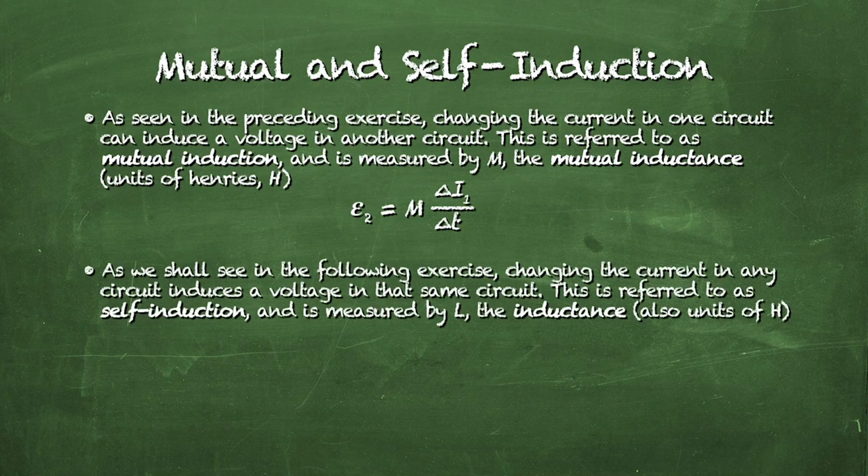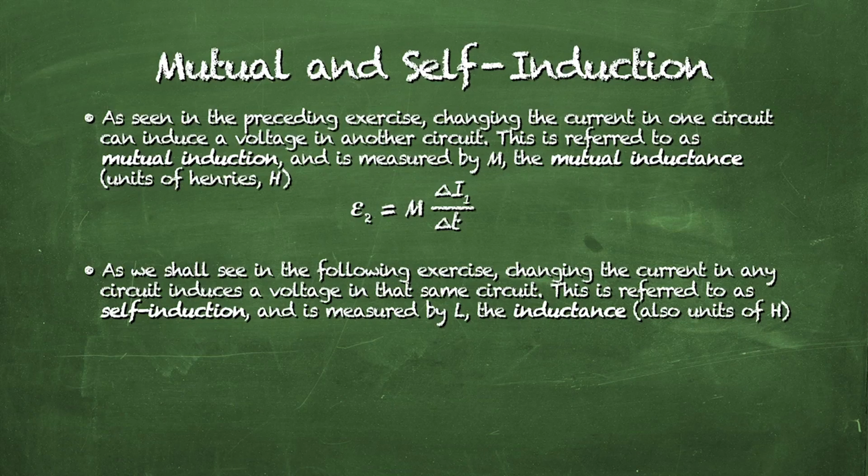As we'll see in the following exercise, changing the current in any circuit induces a voltage in itself. This is referred to as self-induction and is measured by a capital L, which is called the inductance, which is also measured in units of Henry.